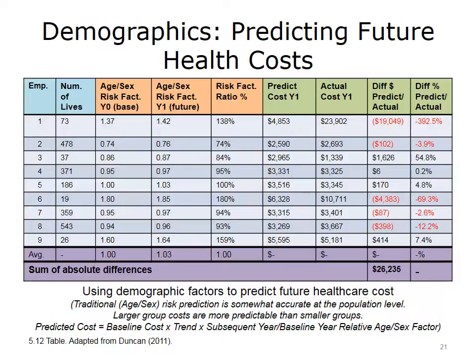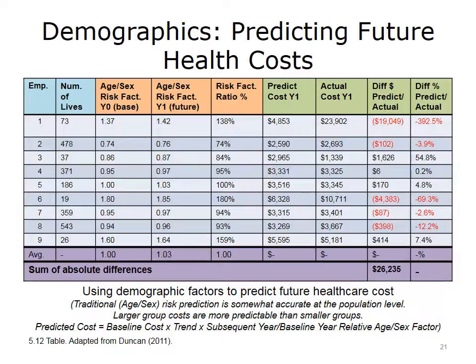In other words, this is a 38% increase in the average cost compared to the larger population. The risk factor can be calculated for year 0 and year 1.